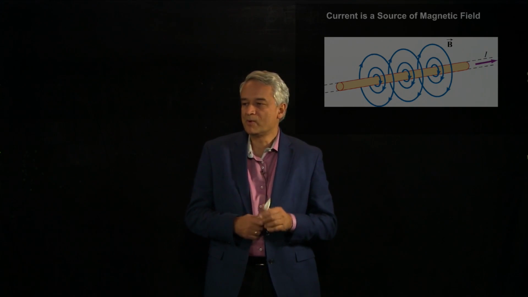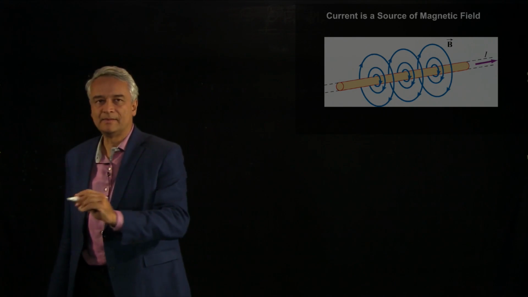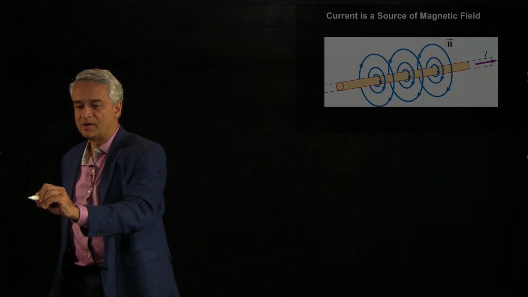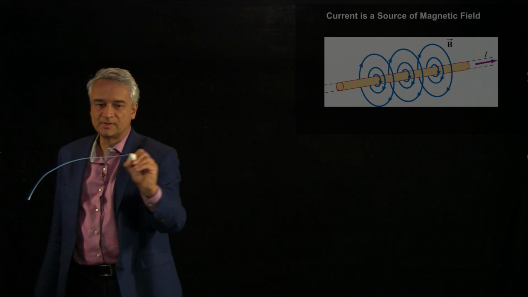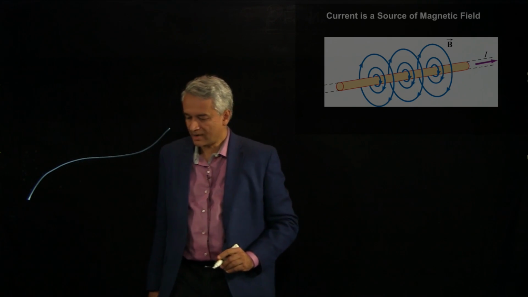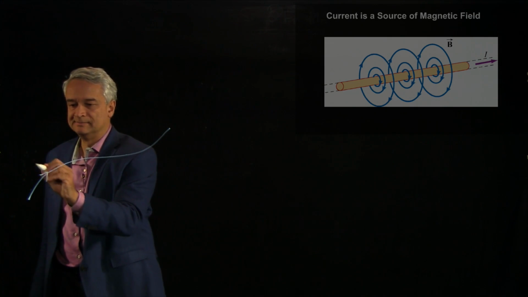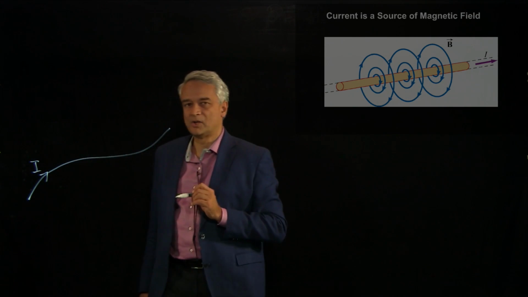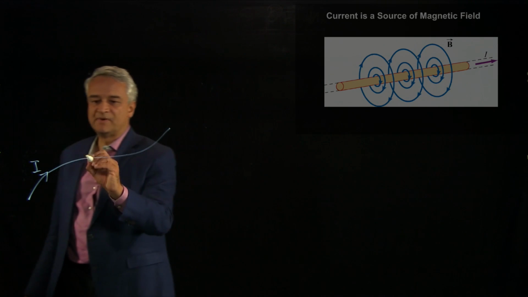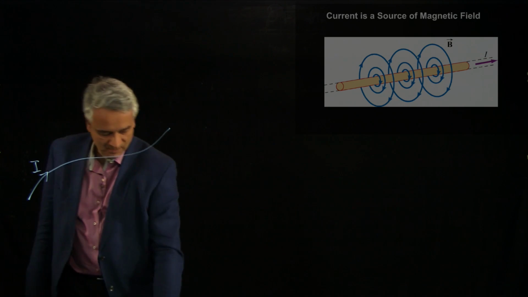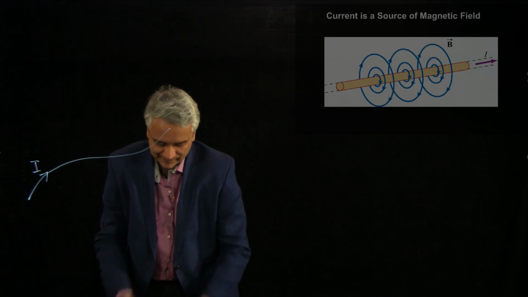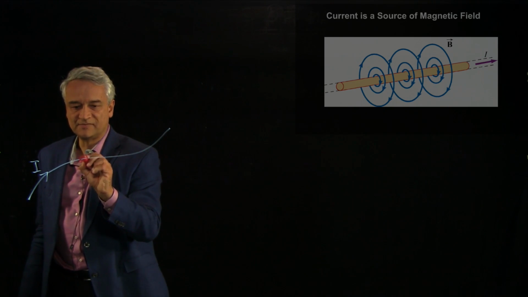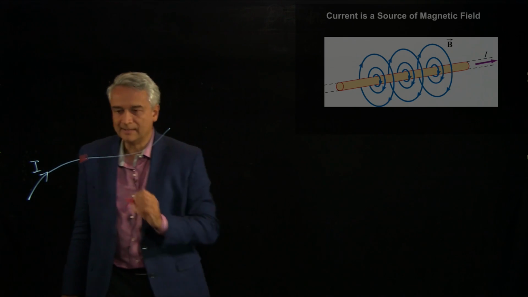So what we want to consider now is a wire, and it might be straight, like the one in this diagram here, but the way I draw it on the board now, I don't want to assume that the wire is straight. So here's a wire, and it's carrying some current I. In this wire, there are lots of little bits of charge, and let's focus on one little bit of charge here, which I will label dq.